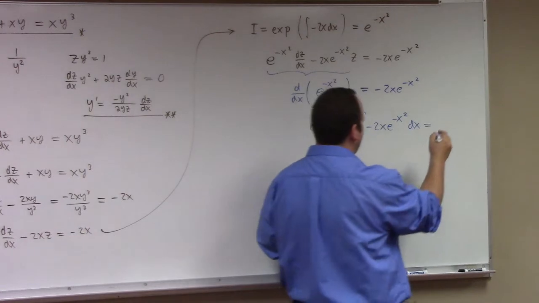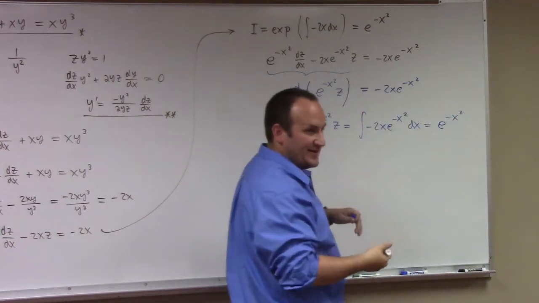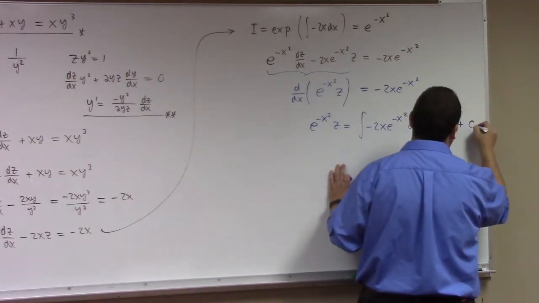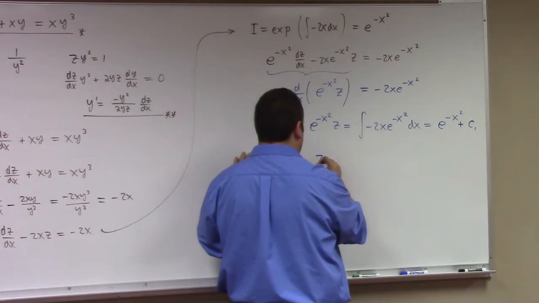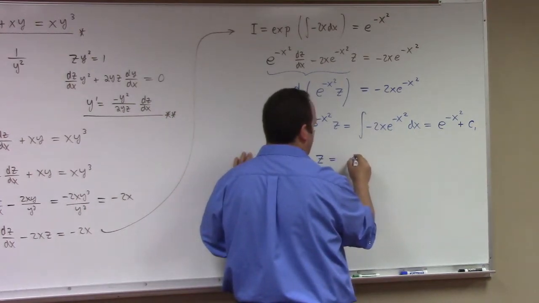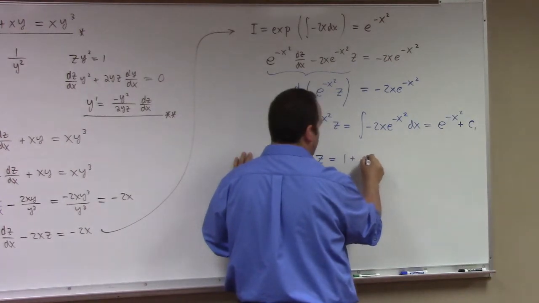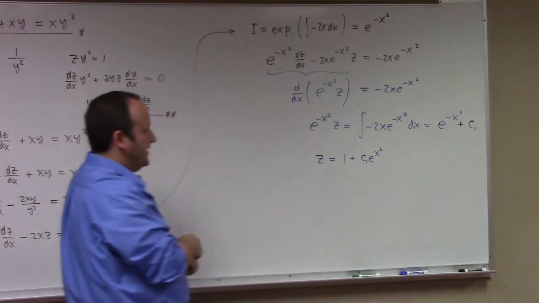Yeah, it's again e to the minus x squared, plus a constant, right? And so we can solve. We get z equals, apparently, 1 plus c1 e to the x squared. Multiplying the equation by e to the x squared, we get that.